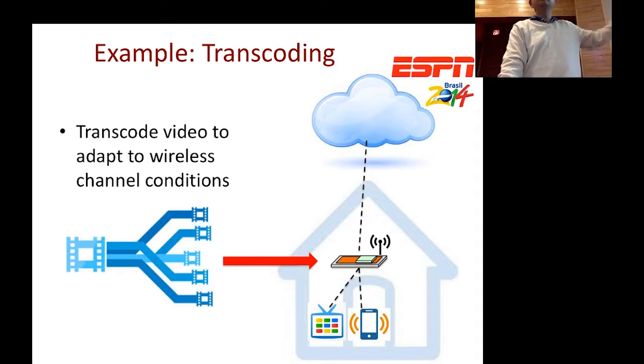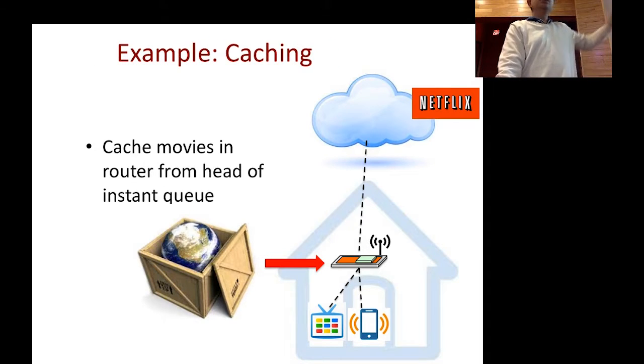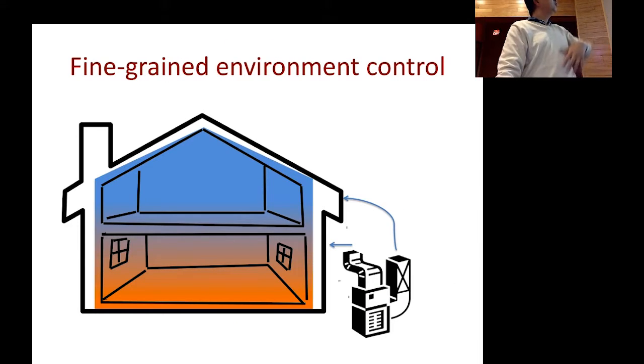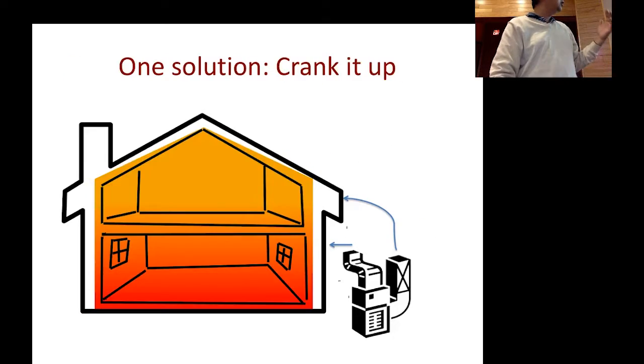Okay, so we have done things like transcoding of video. If the video bitrate is too high coming in, I can change the video bitrate on the fly inside the Paradrop router. These are simple examples and not meant to be the most illustrative ones. But you can cache movies locally. You can do fine-grained environment control, the example I talked to you about, so I'll skip over it in the interest of time.